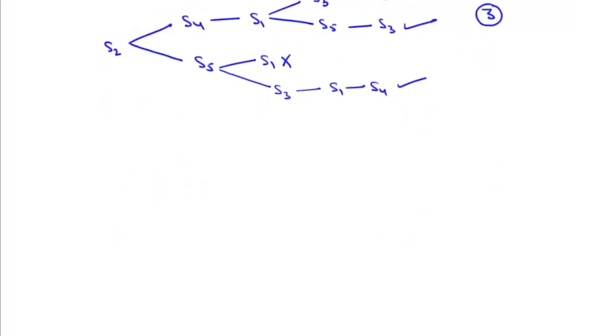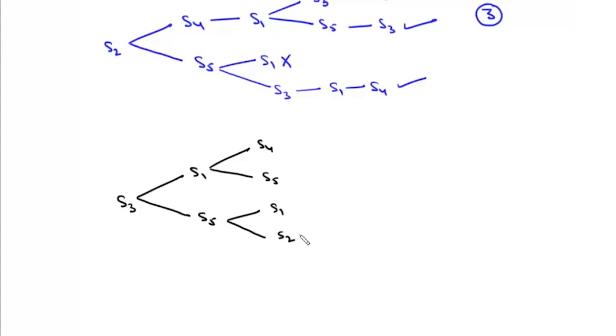Now if we look at S3, then the options here are either S1 or S5. If it is S1, then we can take S4, S5, and if it is S5, we can take S1, S2. Now if it is S4, then the next one has to be S2 followed by S5.